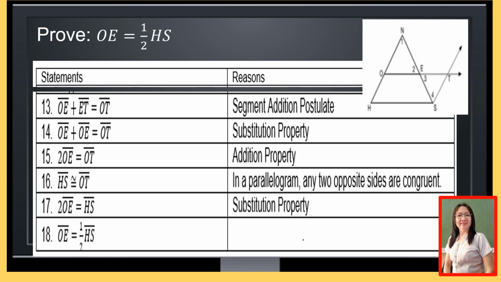Therefore, we can now say that segment OE is equal to 1/2 of segment HS, by dividing both sides by 2. We are done in proving our midline theorem. I hope you get it.